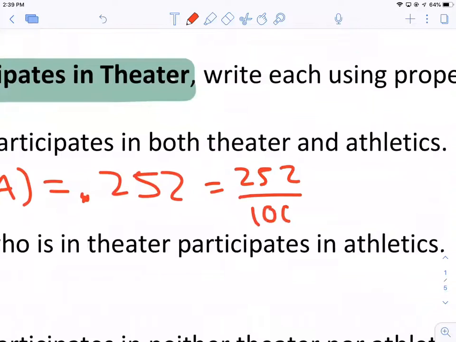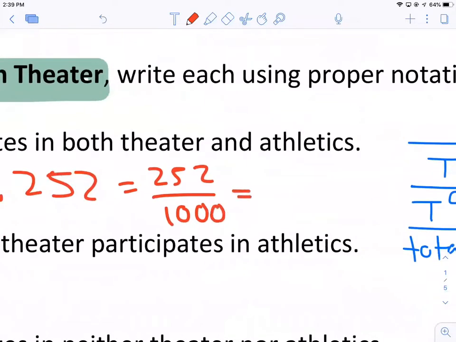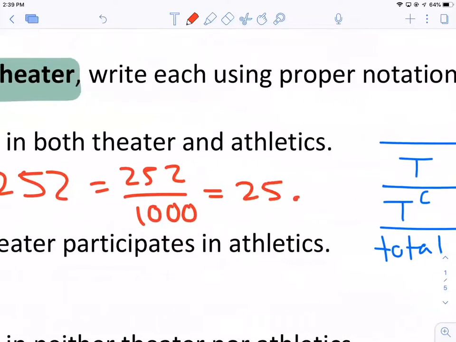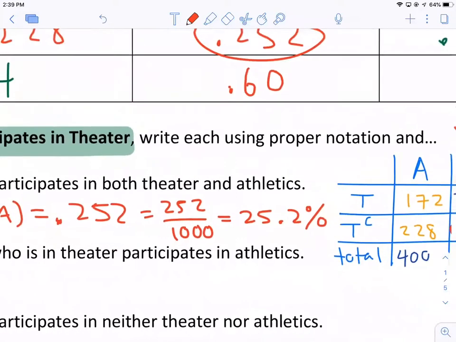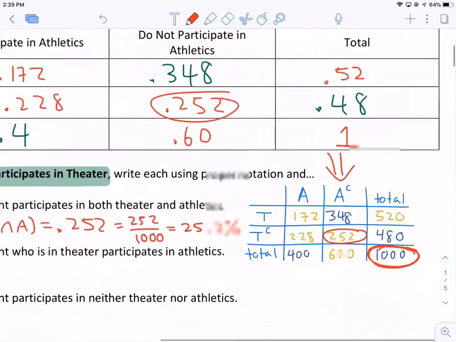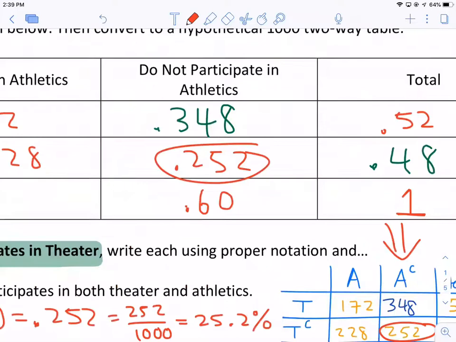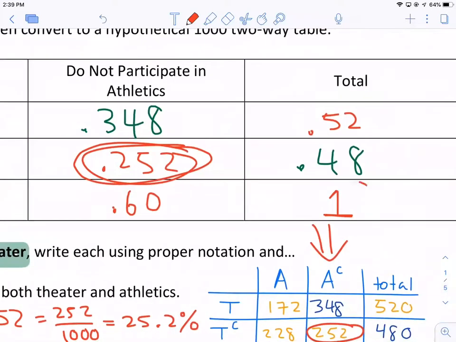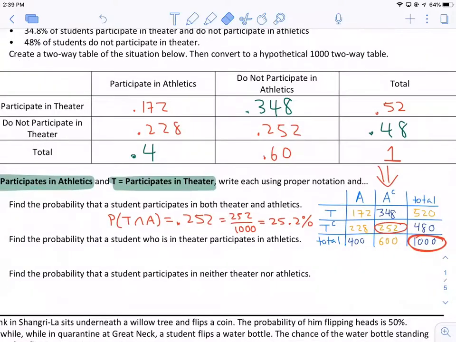Or if you want to write this as a percentage, make sure you use the exact percentage whenever possible. So that would be 25.2%. All three are equivalent. And by the way, I know we divided by the total here, but you can really do the same thing in the relative frequency table. It's 0.252 divided by 1, which is also 0.252. So it doesn't make a difference.